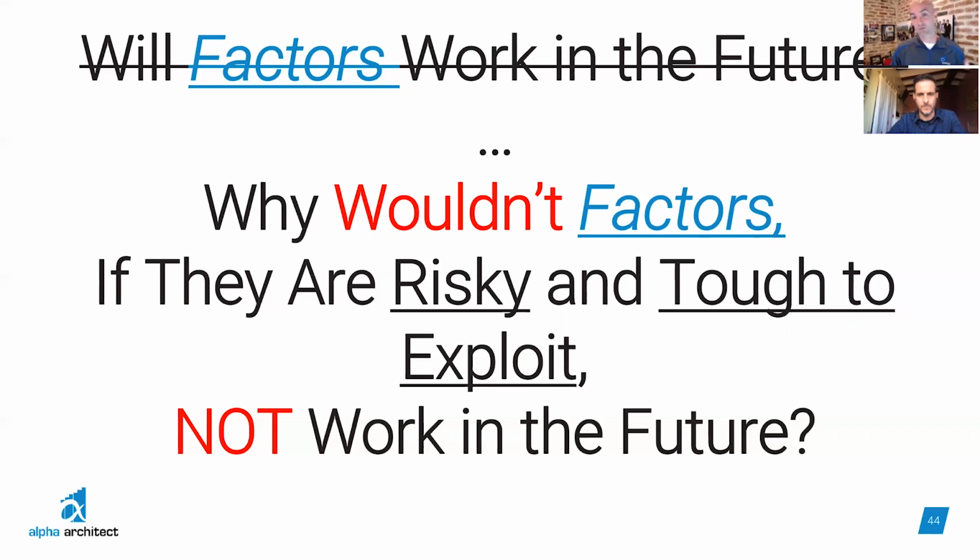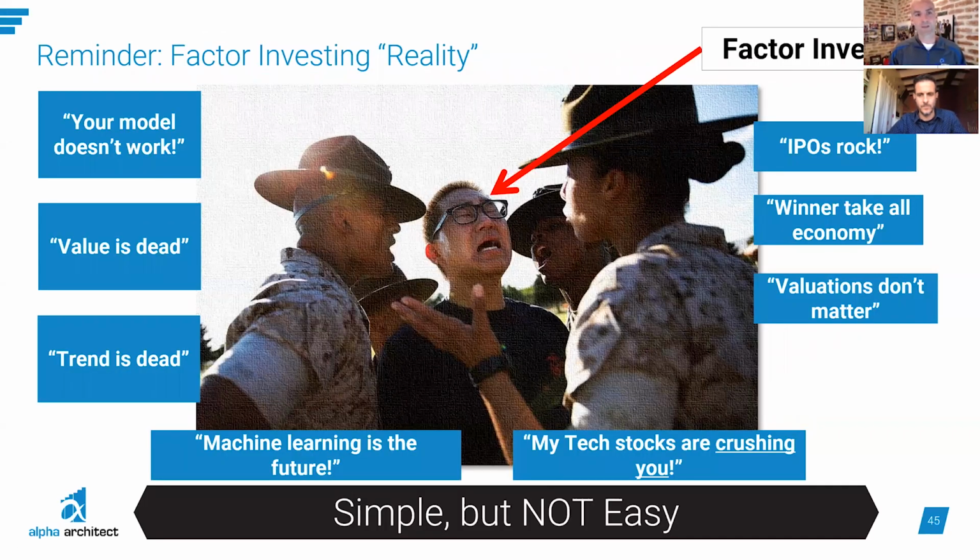So I do think factors will work, but it's not because they're money trees. It's because of the underlying characteristics of what you have to do when you are a factor investor. And what I always like to tell people is when you look at the 100-year chart of some factor system or some systematic strategy where it looks so much higher than an index, it's very easy to say, oh yeah, well, I'll do that.